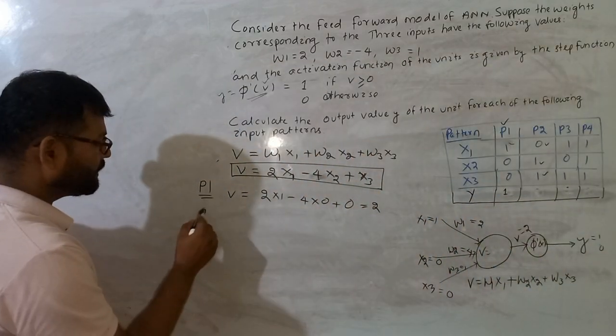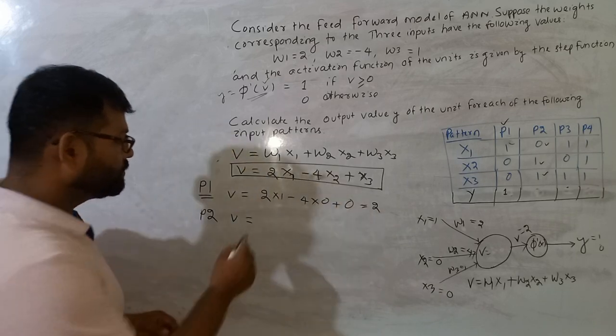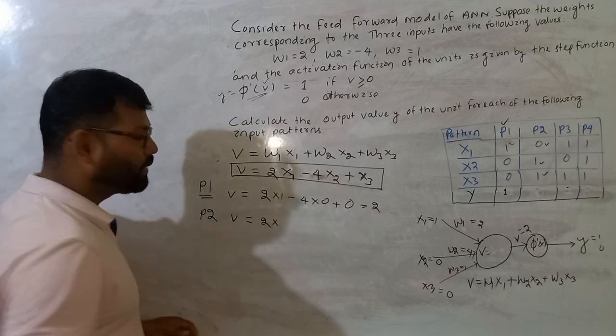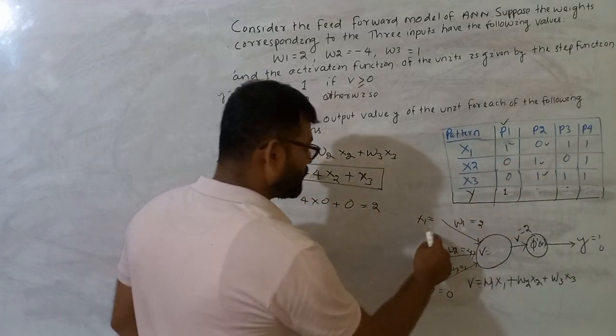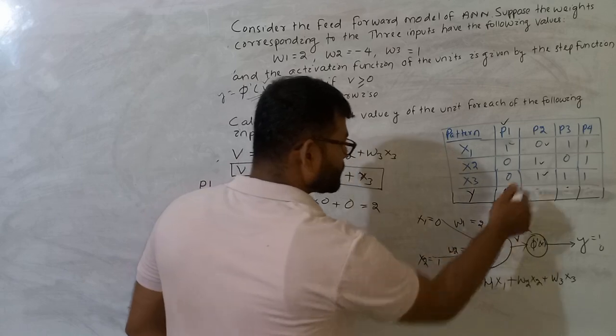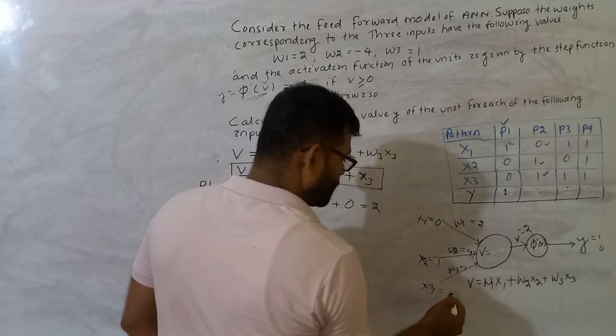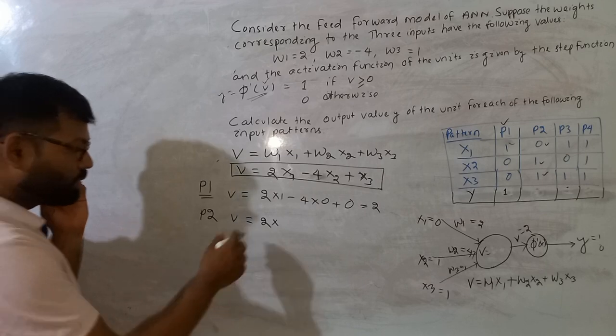For pattern P2, what is x1? You replace that. For pattern P2, x1 equal to 0, x2 equal to 1, and x3 also equal to 1. Okay, so now put it here.